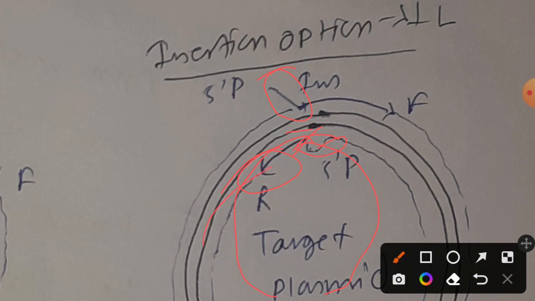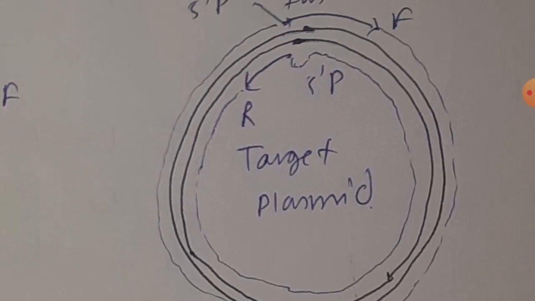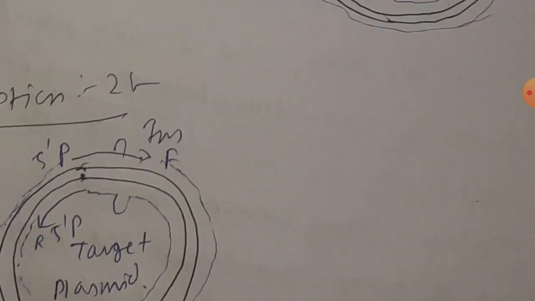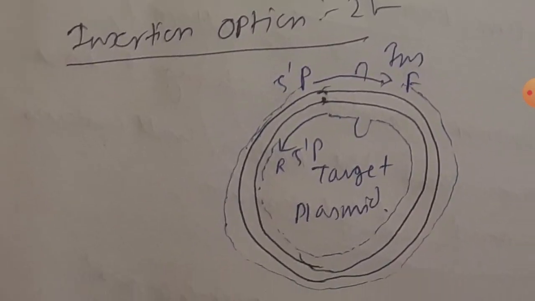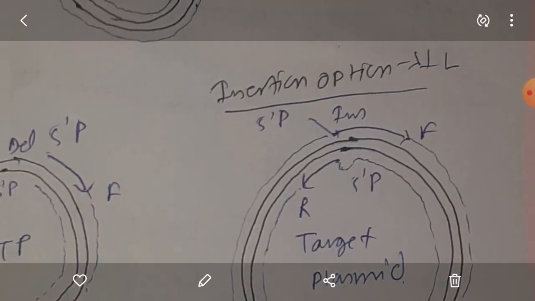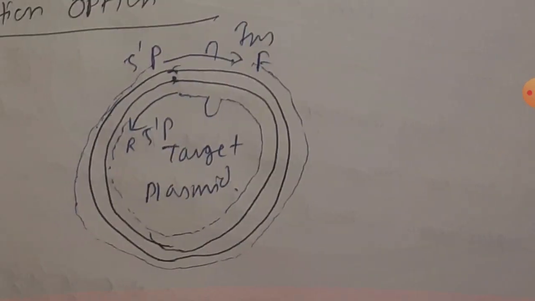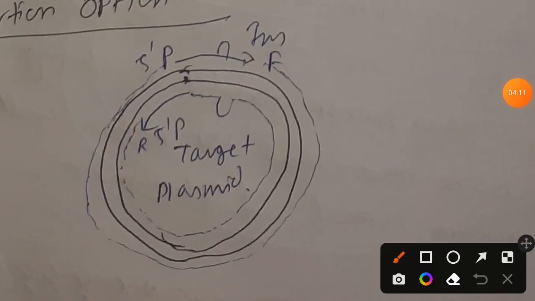The DNA polymerase, not primer, sorry for that, will simply read that part during its replication process, and as a result insertion occurs. And this is insertion option 2. Remember, in option 1 we are inserting a stretch of nucleotide at the end of the original primer, but here we are inserting a stretch of nucleotide in the middle, as you can observe.